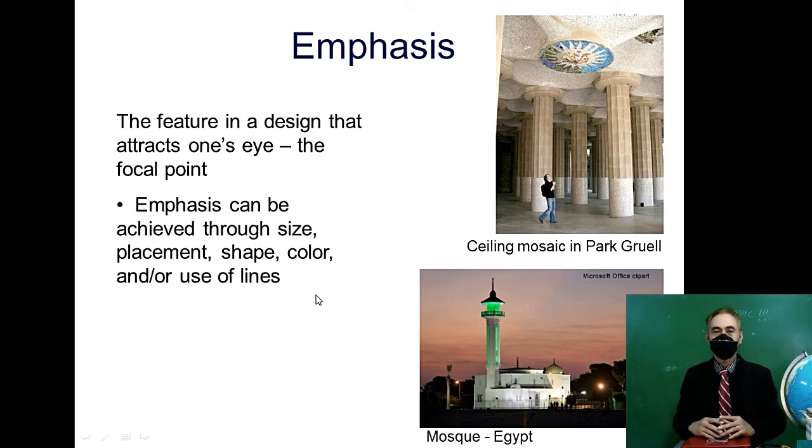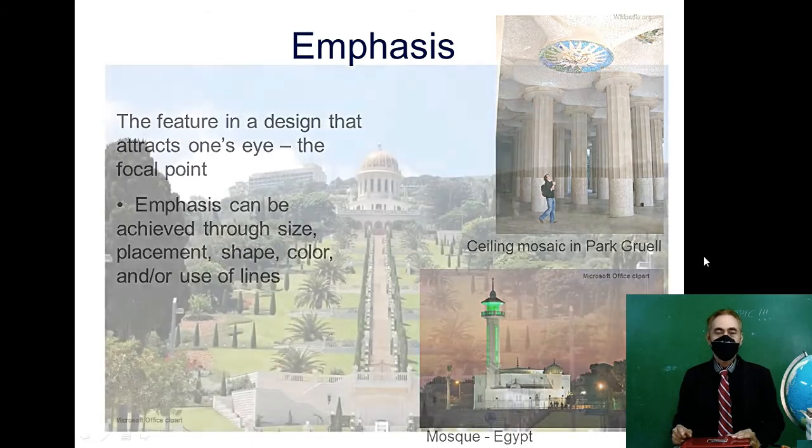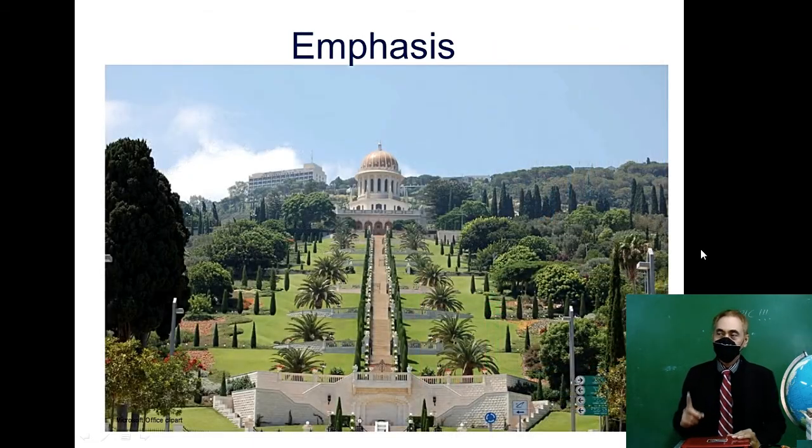So emphasis is something achieved through size or placement or shape or color or use of lines, and it can attract one's eyes. That is the focal point. So here is an example of emphasis. The emphasis is on this structure here.